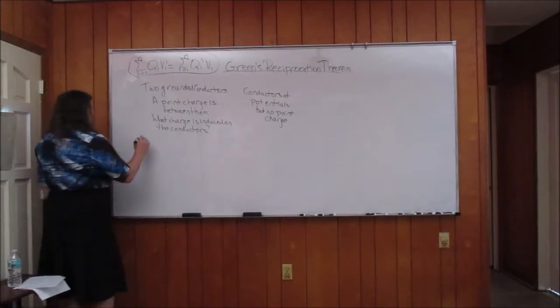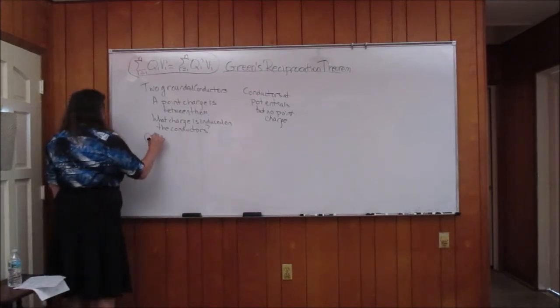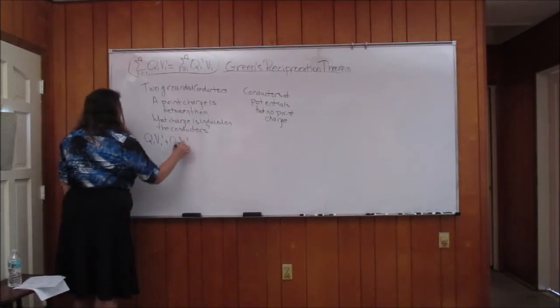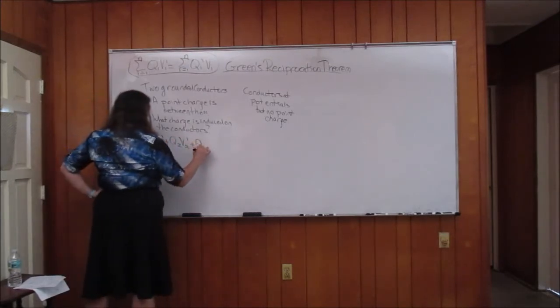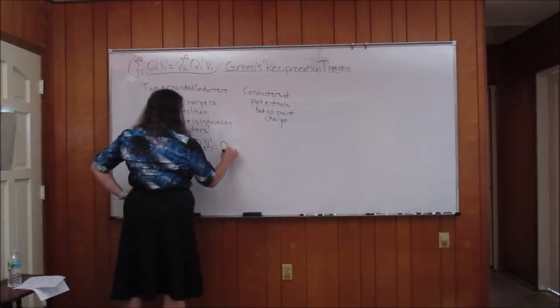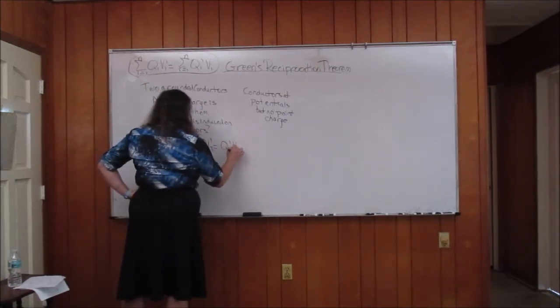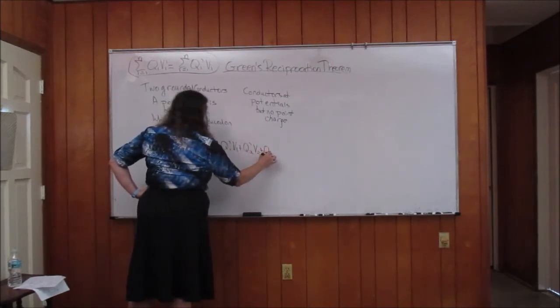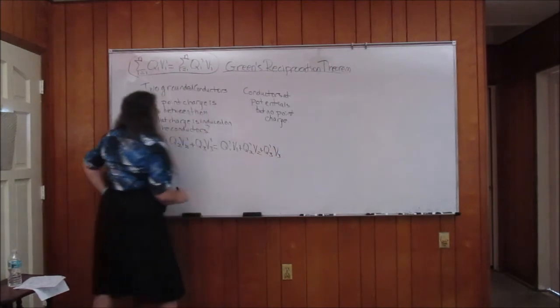So basically we're going to have Q1 V1 prime plus Q2 V2 prime plus Q3 V3 prime is equal to Q1 prime V1 plus Q2 prime V2 plus Q3 prime V3.